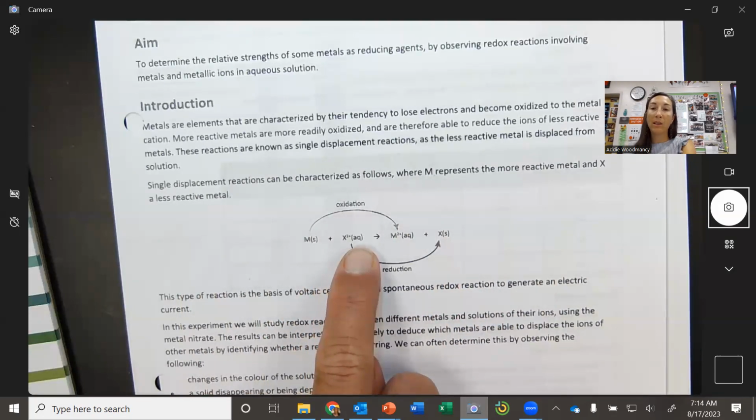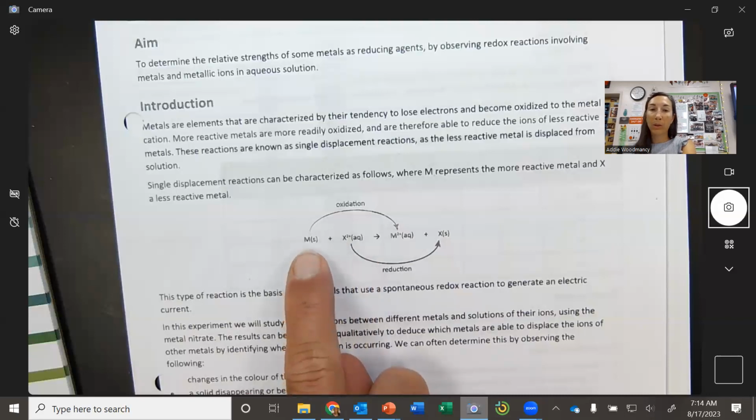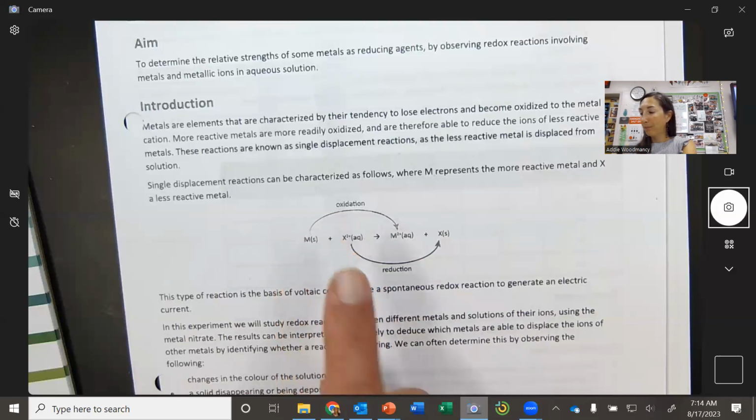That is the solution that you'll be placing your solid metals in. So when you write your equation, whatever solid you're placing in there, you replace M with that, and whatever solution you're using, you replace X with that.